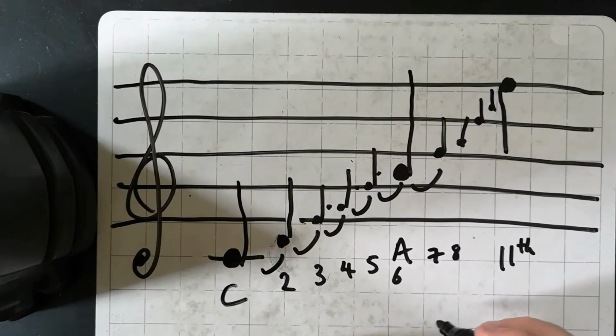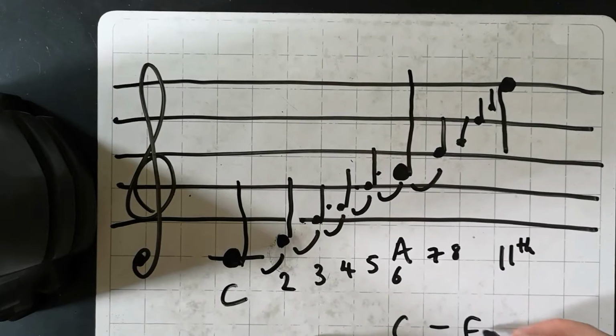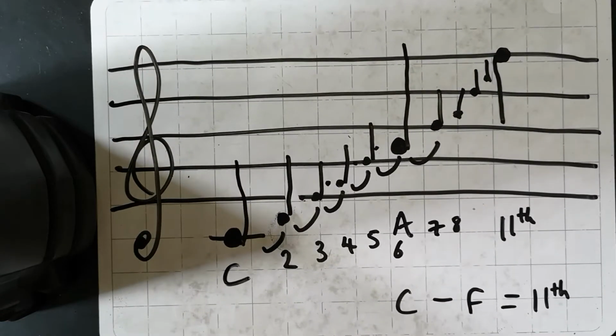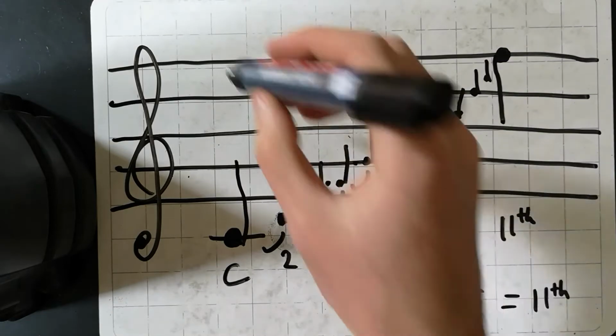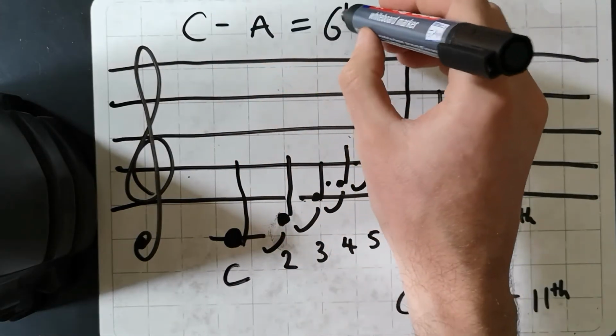So the interval between this C and that F is an 11th. The interval between C and A there is a 6th.